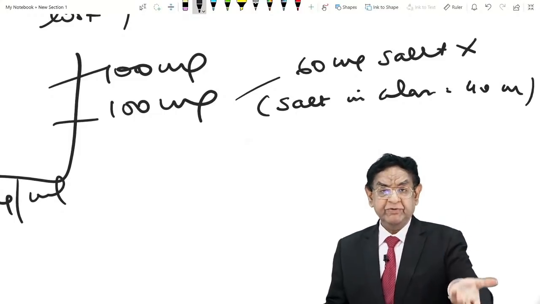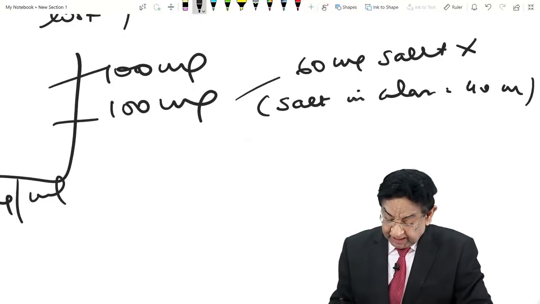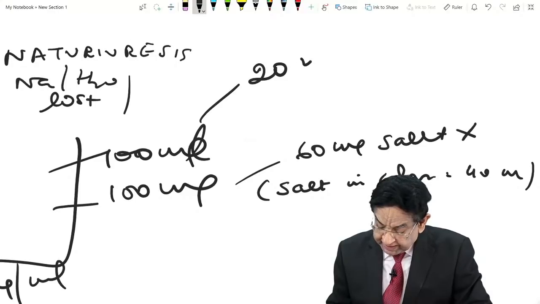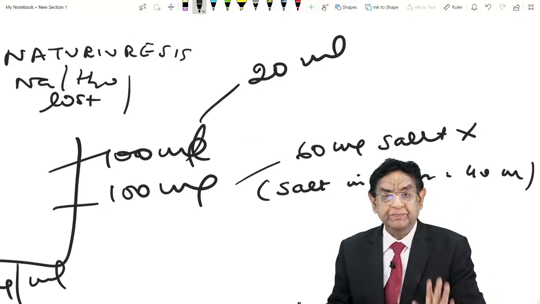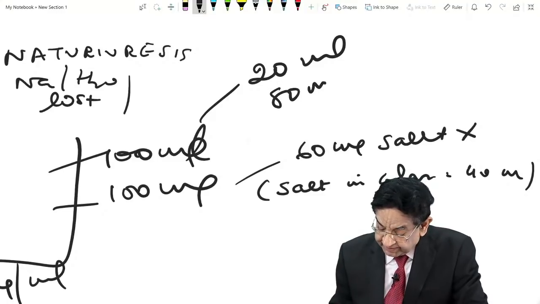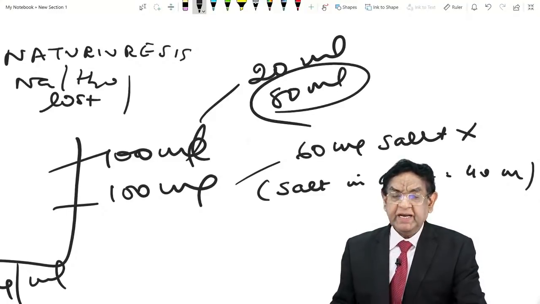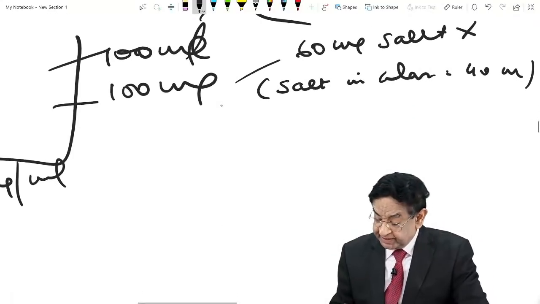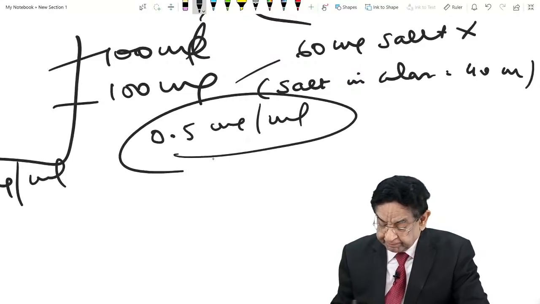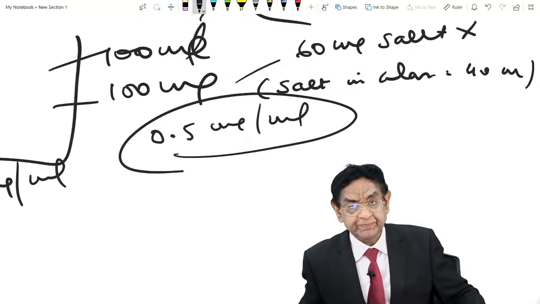Out of 100 I have removed 60, so 40. Now there is 100 ml of water. I remove 20 ml of water also. How much water is left? 80 ml. Water left is 80, sodium left is 40. The concentration of sodium goes to 0.5 milligram per ml. It is hyponatremia.